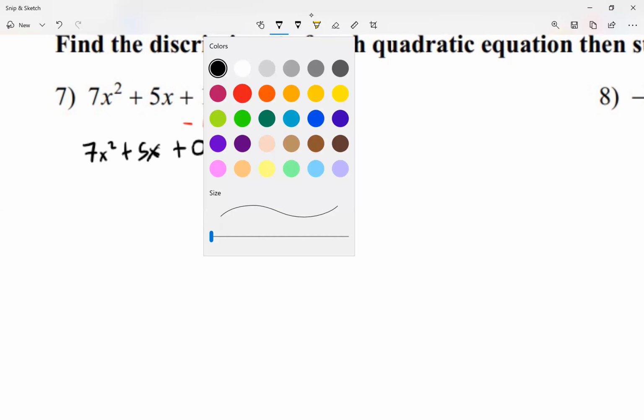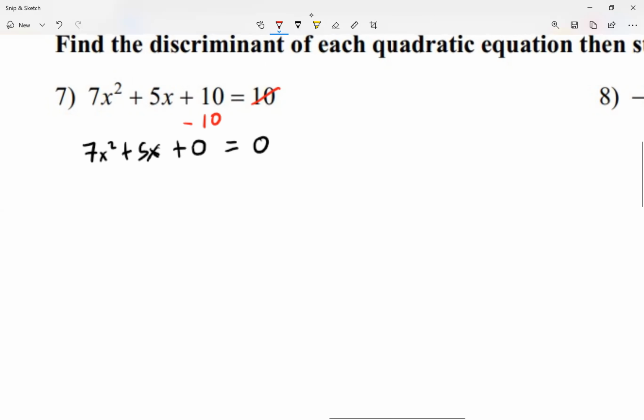Now, the reason why I need to have 3 terms is because I'm going to come out with the value of 3 letters. In this case, I'm going to say A is equal to 7, B is equal to 5, and C is equal to 0. You see which numbers I came out with for A, B, C, with the sign included, though. Make sure that you pay attention to the signs.